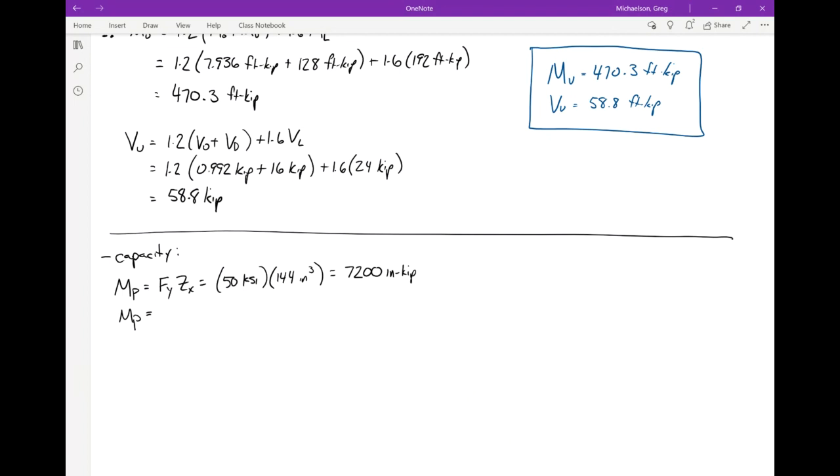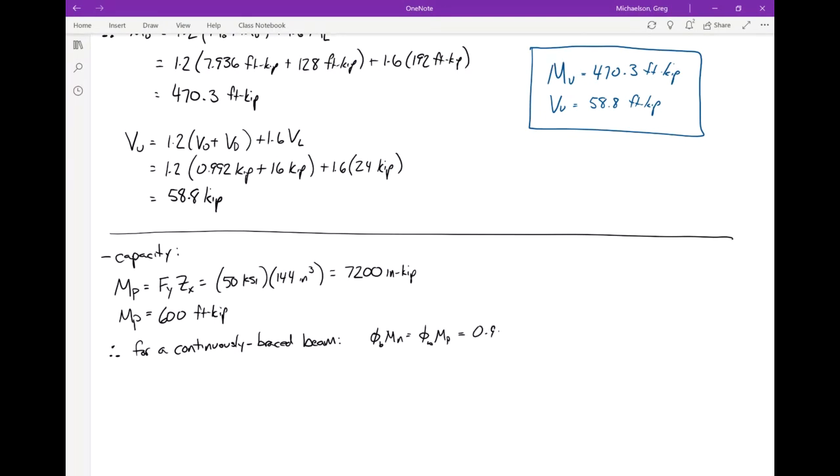Exactly. So 7,200 divided by 12, that is 600 foot kips. So therefore, now we're dealing with a continuously braced beam. So maybe I'll say for a continuously braced beam, phi Mn is just phi Mp.